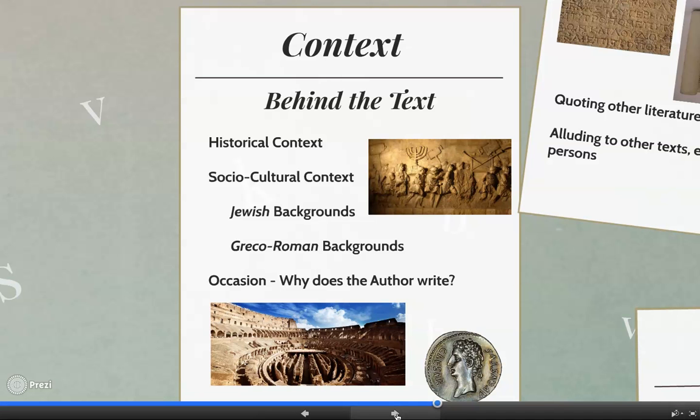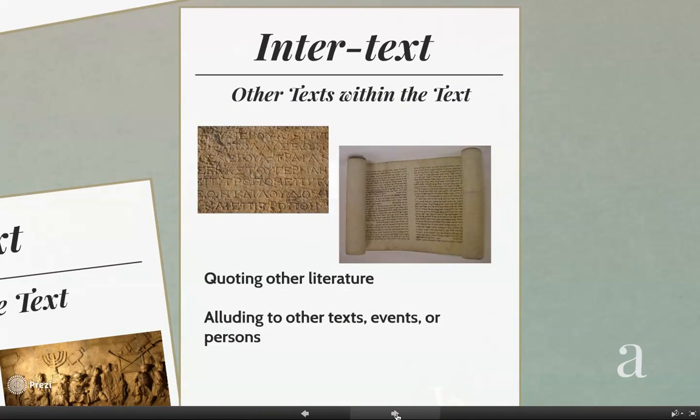Other sorts of observations that we can make are observations about the way a text uses other texts. So, for example, does your text quote a passage from the Old Testament? Does it quote a passage from another piece of literature? Does it allude to other people from the Old Testament or other events from the Old Testament?